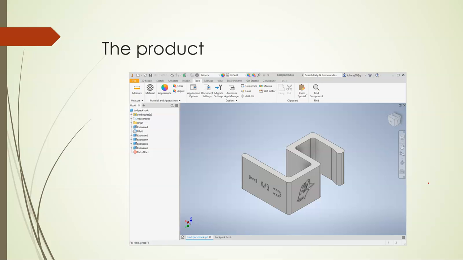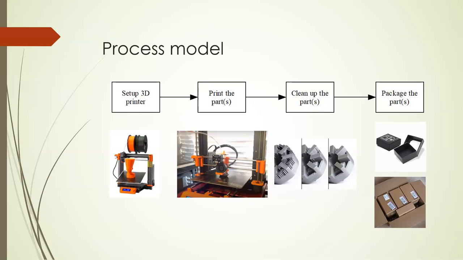This is what our product looks like, and this time we bring in the packaging part. So we might have a process that looks like this. Set up the 3D printer. This is the previous print.